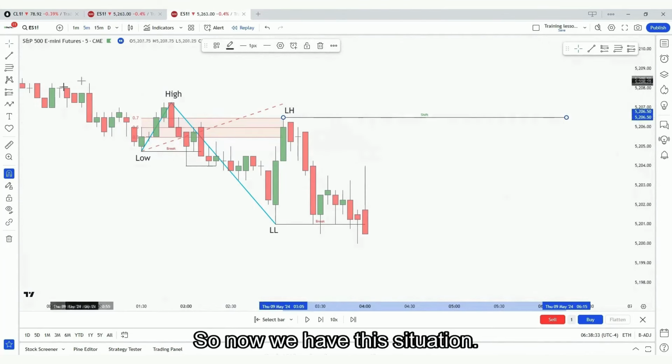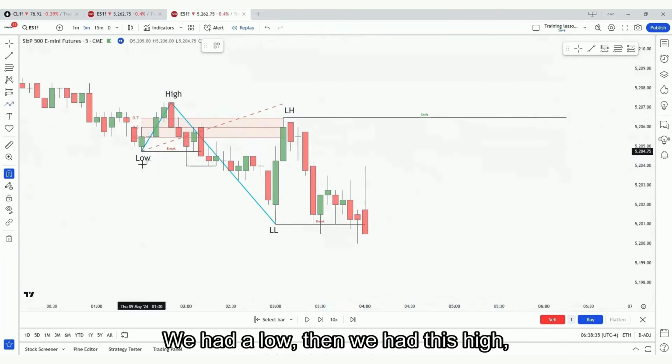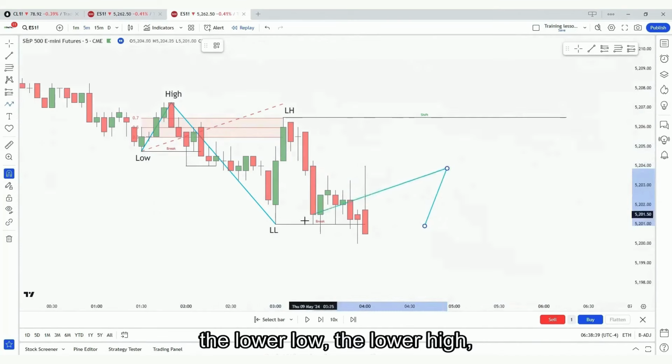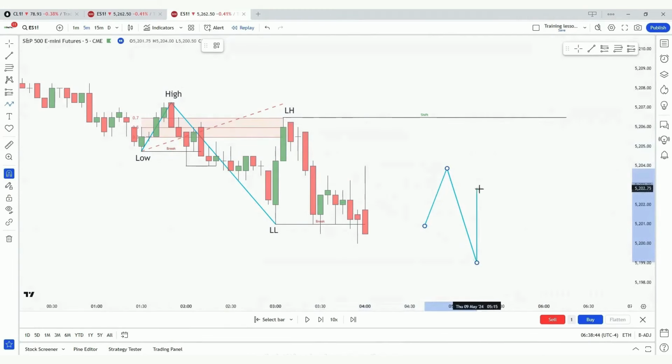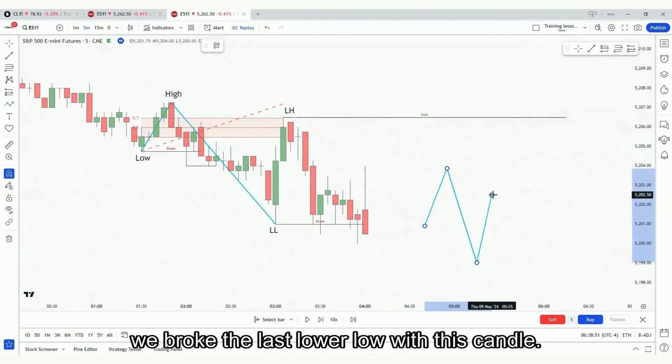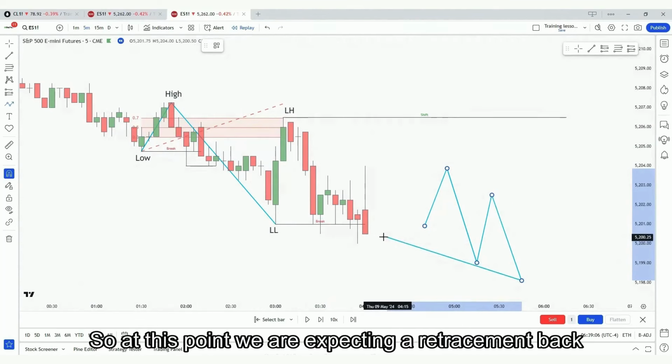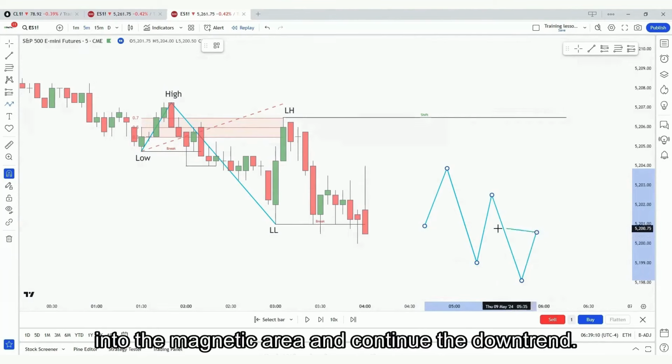So now we have this situation: we had a low, then we had this high, the lower low, the lower high. We broke the last lower low with this candle. So at this point we are expecting a retracement back into the magnetic area and continue the downtrend.